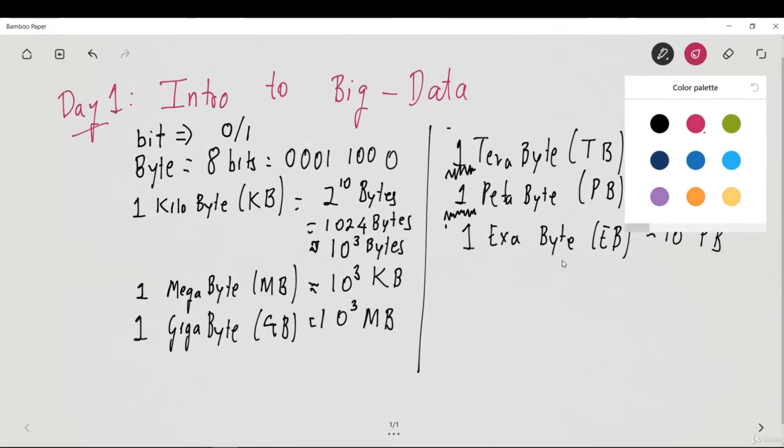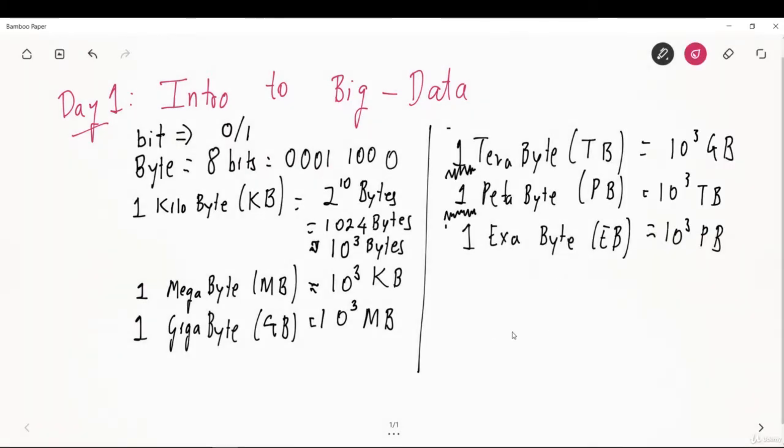Then, to give you just a glimpse of the size of the data that we use, let's say the hard disk in my laptop is 1 terabyte. This is the capacity of my personal laptop hard disk.